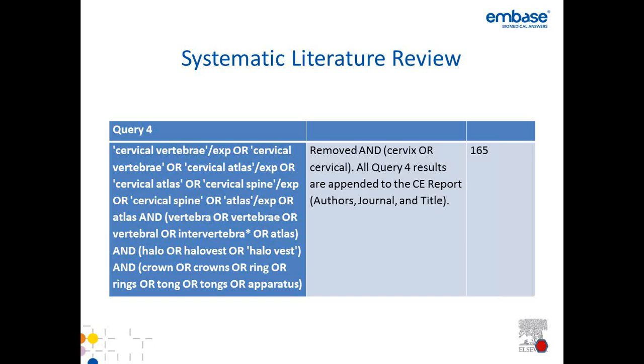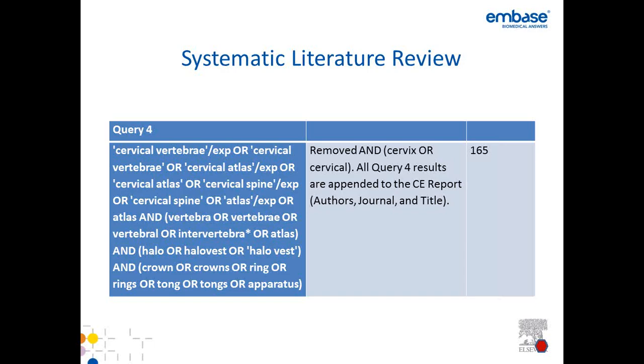So as indicated here, this is the full query build for number 4 on the left, and then in the center what we did was actually remove certain anatomical terms such as cervix, and all of these, the 165 hits, were included in this final CE report.